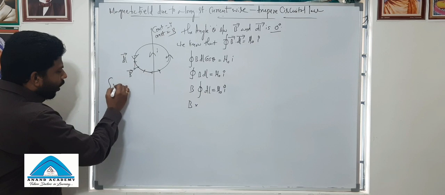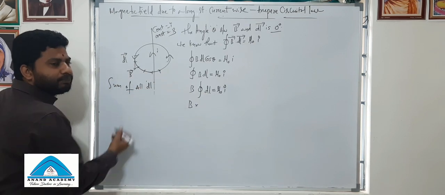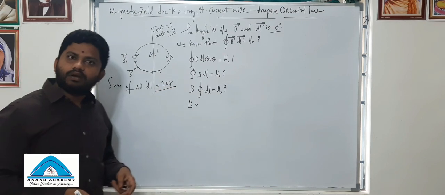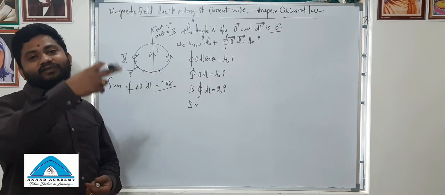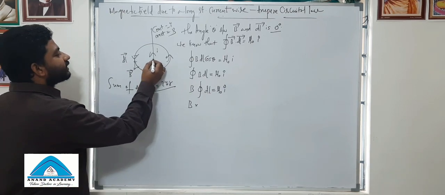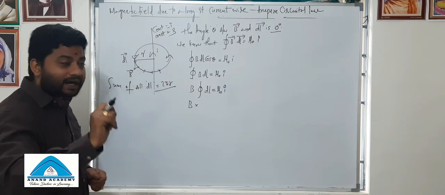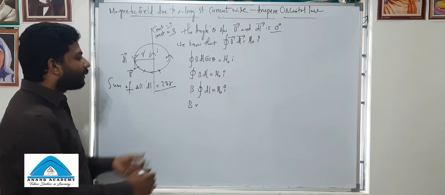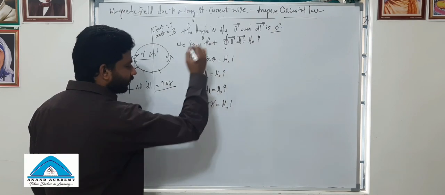Can I say it is 2 pi r? Yes or no? Definitely, because it is a circumference, right? So if the radius of the concentric circle is r, the length of this complete concentric circle will be 2 pi r. So B into 2 pi r is equal to mu naught into I.